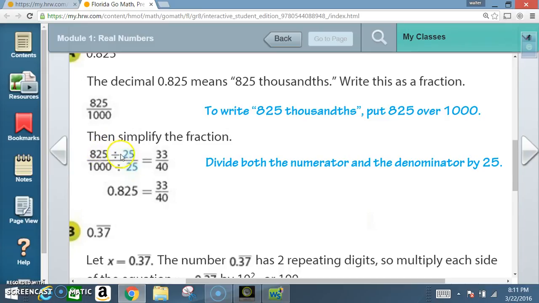So 825 divided by 25 will give me 33. 1,000 divided by 25 will give me 40. So 0.825 is equal to 33 over 40. Now, if you couldn't do it using 25, then you would start out small with a number such as 5. 5 goes into 825 evenly, and then 5 goes into 1,000 evenly. And then you work your way down.